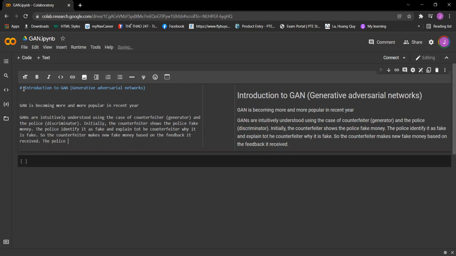The police find it fake and inform the counterfeiter why it is fake.